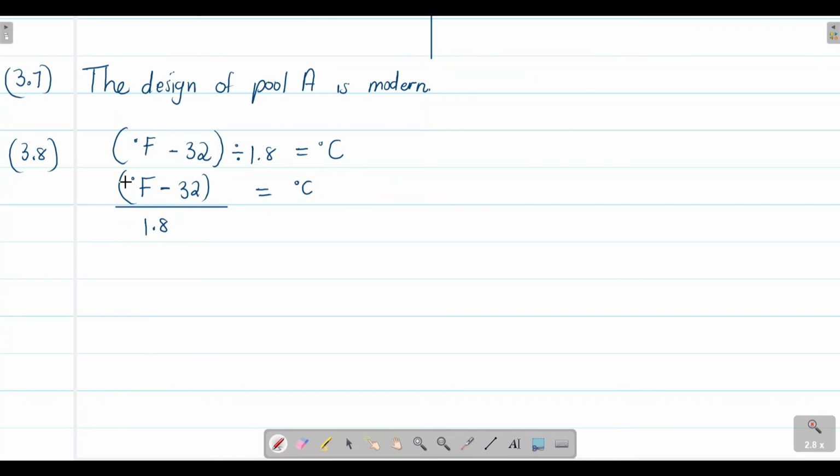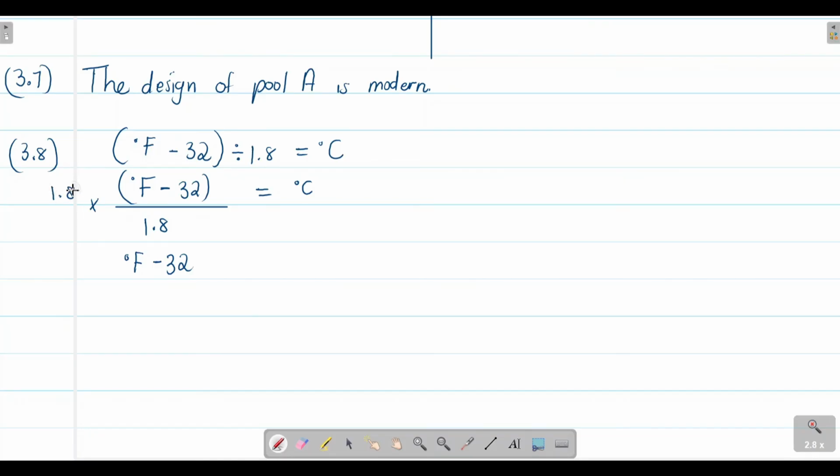Meaning I want to isolate my degrees Fahrenheit. So what do I need to do? It's going to be degrees Fahrenheit minus 32. What is the inverse of division, right? The inverse of division is multiplication.